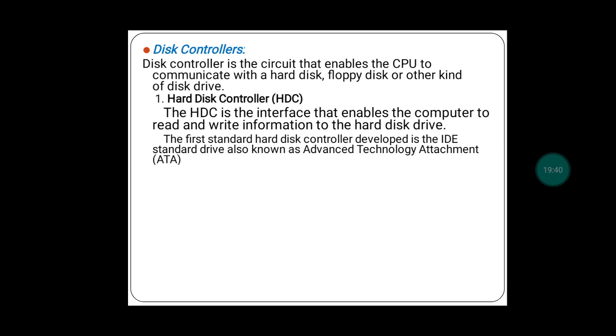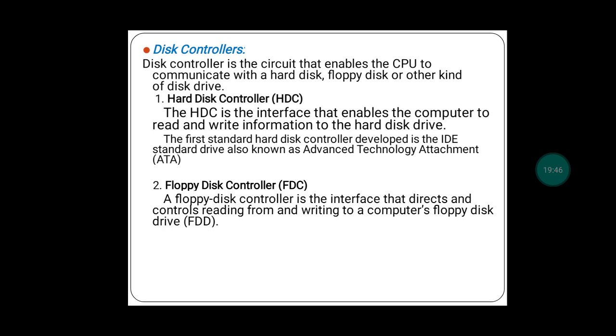Okay, so moving on to the next controller, that is floppy disk controller. Nowadays we have the hard disk controller, but earlier days we had a floppy disk controller. Floppy disk is also one of the secondary memories which was used to store the data.